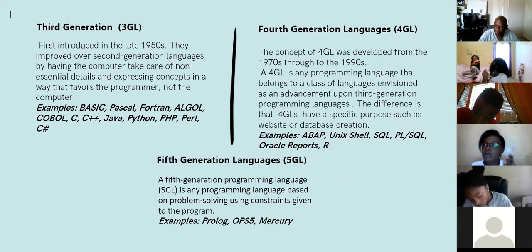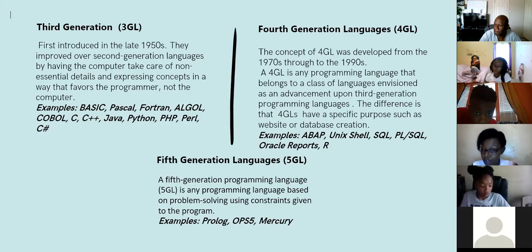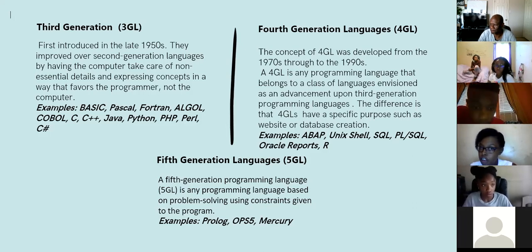As the years went by, they continued developing these languages and made advancements. So languages like C, C++, Python, PHP, and Perl, some people call them third generation. Yes, they are third generation, but the more they kept developing them, they flowed into the fourth generation languages.